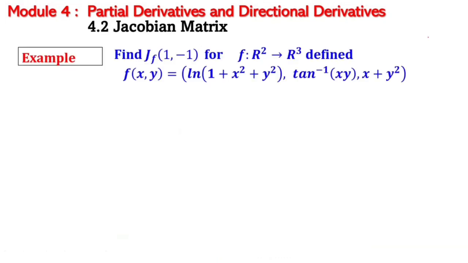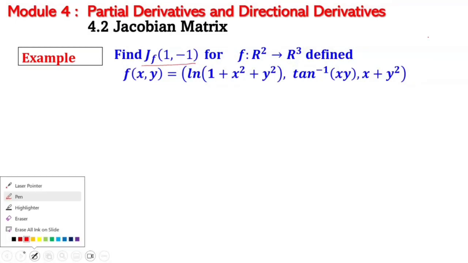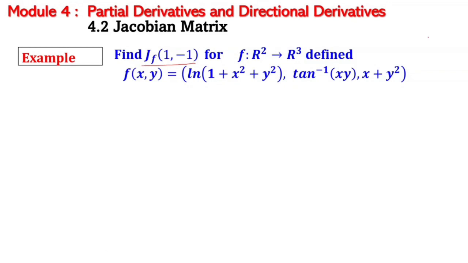Okay, now let's have one example here. Find Jf(1, -1), where f is from R2 to R3 defined by f(x, y) = (ln(1 + x square + y square), tan inverse(xy), x + y square). So we need to find the Jacobian at the point (1, -1). To do that, we will divide these functions component-wise as per our requirement. So let's say a solution.